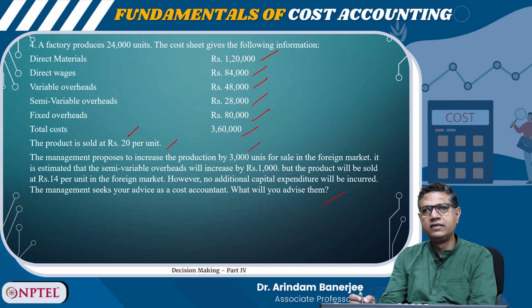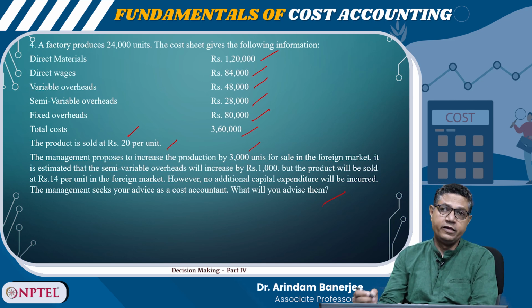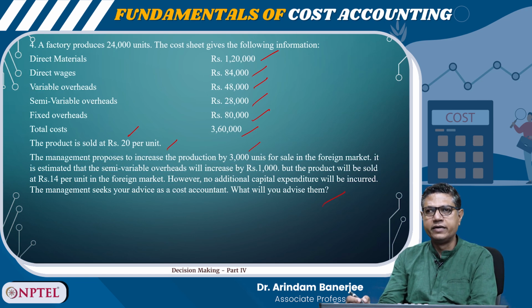There may be several reasons behind it. One major reason why companies agree to sell at a lower price is to capture the foreign market, a new market. Sometimes companies adopt penetration pricing to do that.